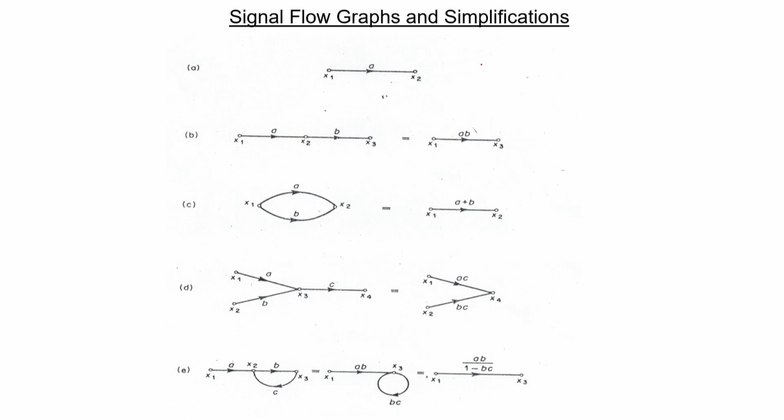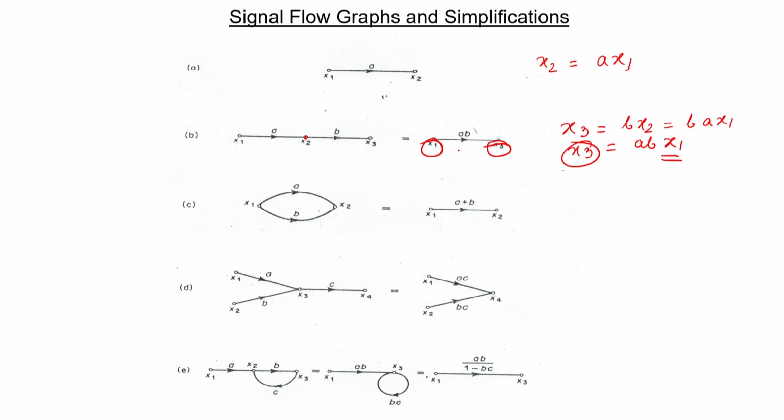Here you can simply see that the output x2 equals ax1, very simple. Here there is an intermediate node. So, here x3 equals bx2, and x2 equals ax1. So, you can write that x3 equals abx1, where x1 is the input, that is here, and x3 is the output, that is here.